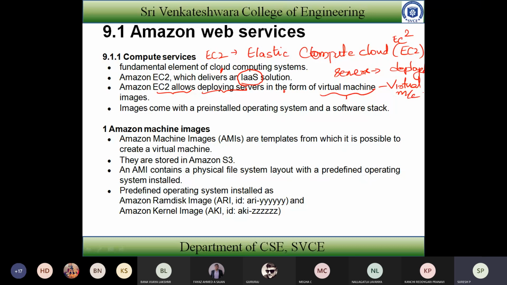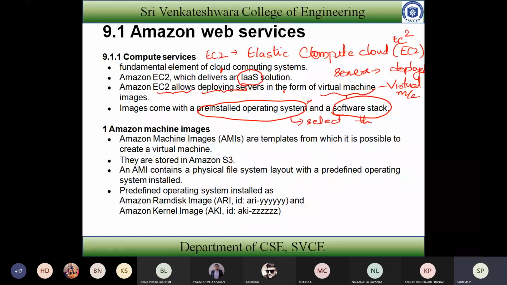Similarly, whatever images or instances you are going to have, those images will have a pre-installed operating system and the software stack. Already we have seen how the operating system is pre-installed. Before creating the instances, you have to select what type of operating system you require.